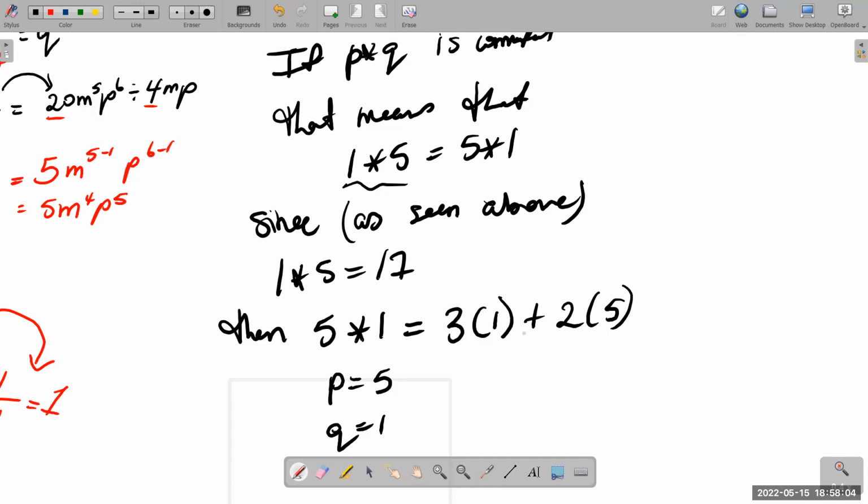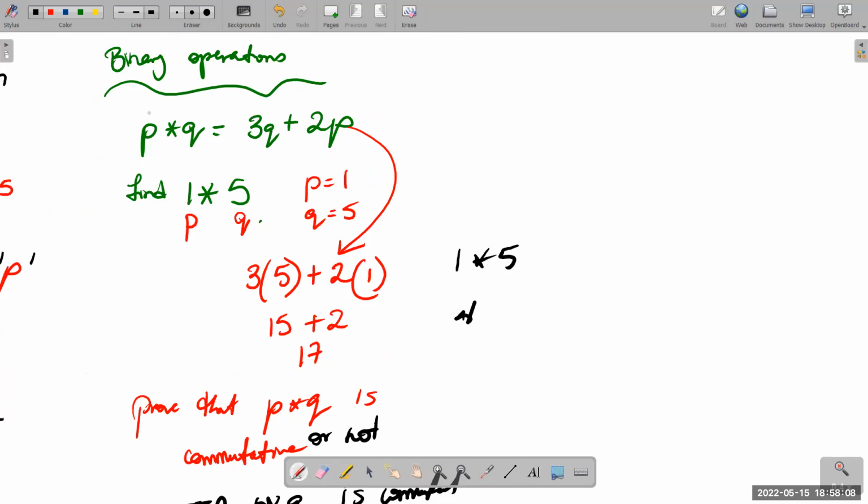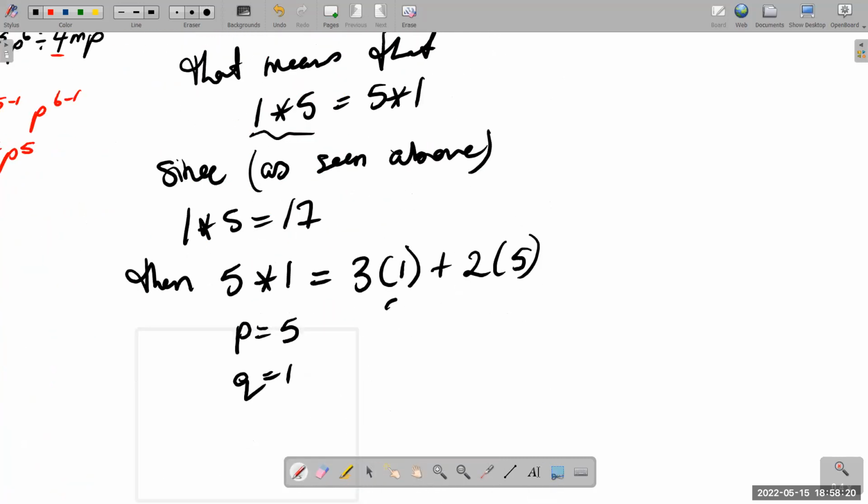Where did I get this from? Remember, P star Q has a meaning. Look at it here, right at the top. That's the question itself. This is the formula you're always going to use, 3Q plus 2P. Okay, so let's work it out. When we work it out, we end up with 3 plus 10. So that means that 5 star 1 is equal to 13.